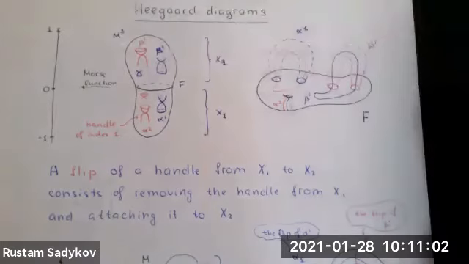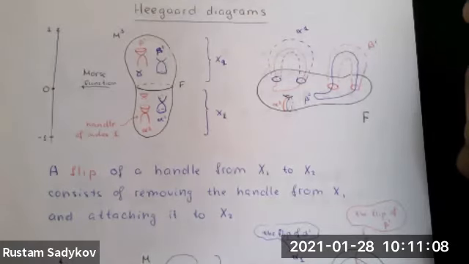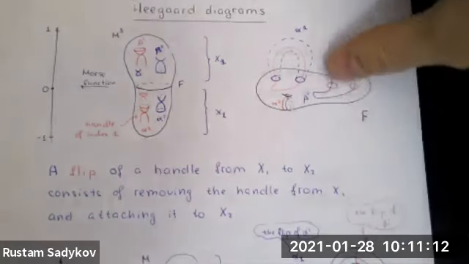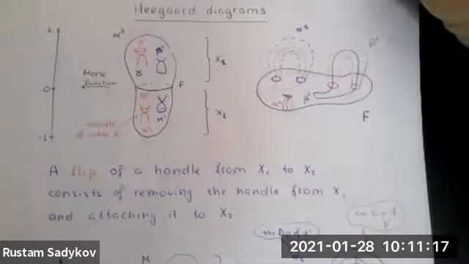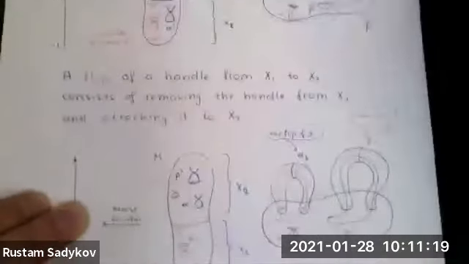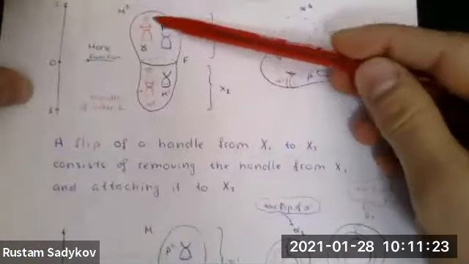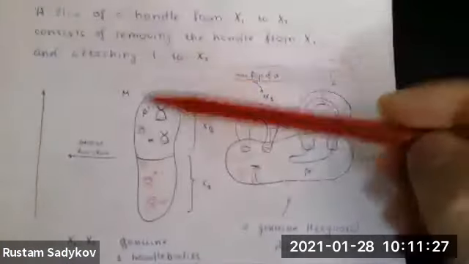And from Morse theory, we know that we can do this by a homotopy of the function f. This is called handle rearrangement. Handles of low indices can always be brought down.